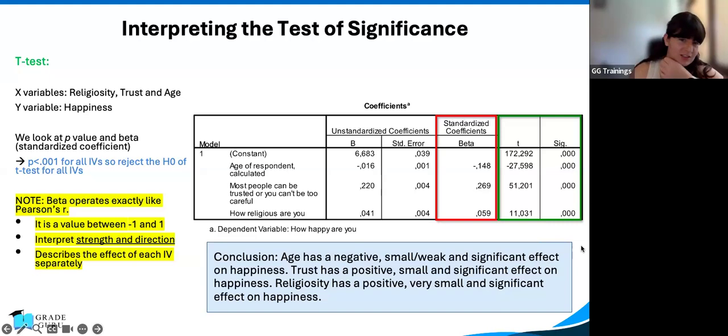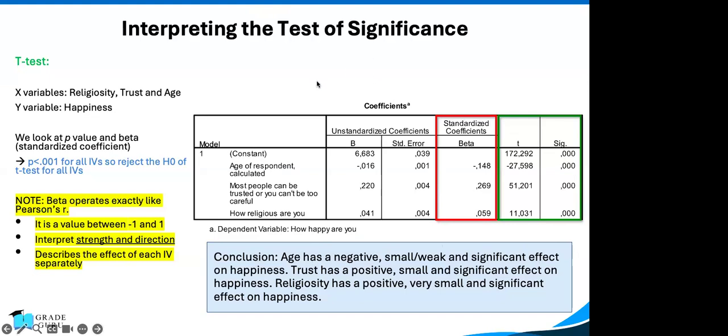Okay, if it's not significant, then you don't need to mention it. You only report your significant results, unless they ask you to say, please report all results, or please report both your significant and insignificant results. Then you just say, for example, say the age p-value was high, then you would just say that age has no significant effect on happiness. Does that make sense? Yes, okay, thank you.